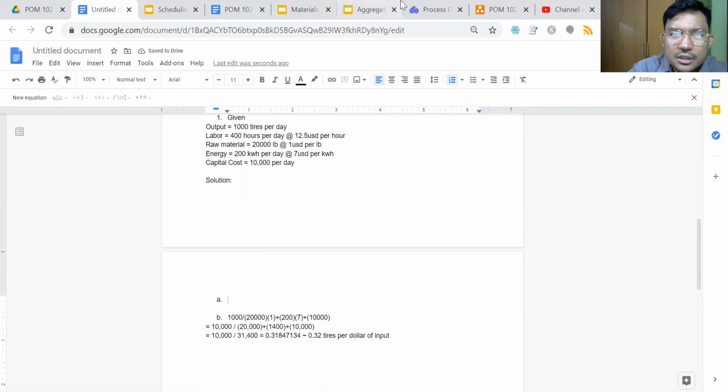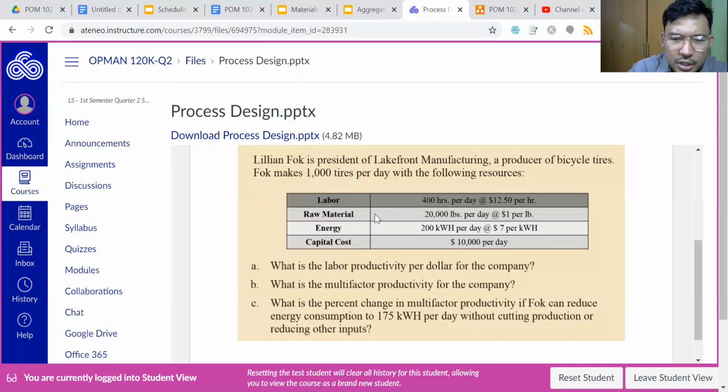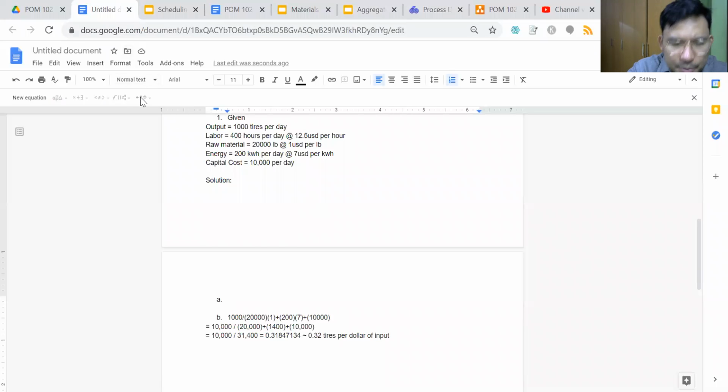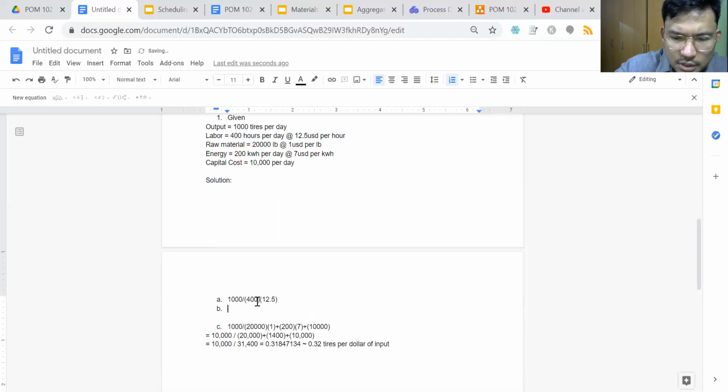So what is the first question? What is the labor productivity per dollar for the company? Output is 1,000 tires, divided by the monetary value of your labor, which is this one highlighted. So 400 multiplied by $12.5 gives us 5,000.